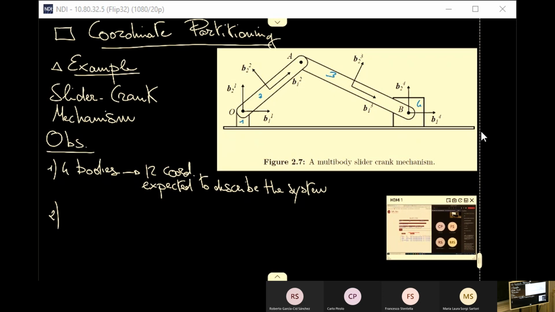Correct. Why 5? 2 for the first one, 1 more for the second. Would you please say which ones are here for the first bodies? What are the constraints that you see?